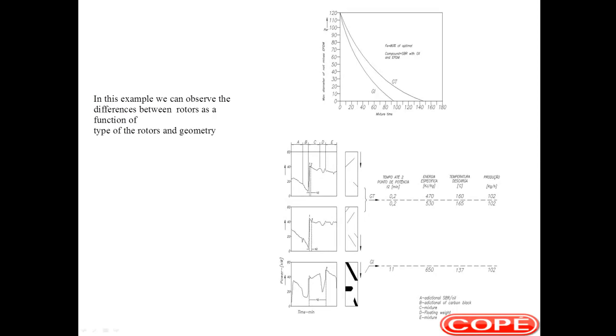In this example, we compare different geometries for the mixers: 2 wings geometry and 4 wings geometry for tangentials, and interconnect geometry. As you can see, for the same batch, an SBR plus EPDM, the discharge temperature was around 160 degrees for tangentials and 137 for interconnect geometry.